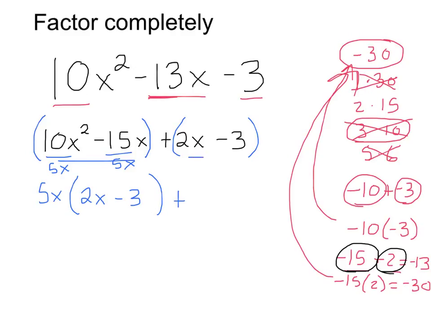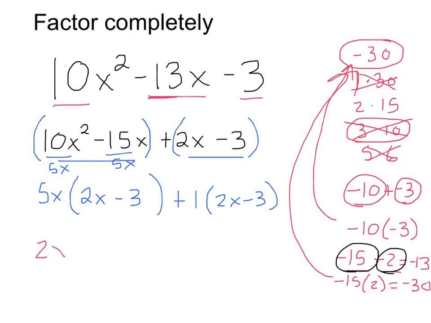Plus, is there anything that can factor out here? So I'm just going to put 2x minus 3. But what is understood to be in front of it? What's understood to be right here where this blank is? A 1. And now what you should notice is this whole term has a 2x minus 3, and this whole term right here has a 2x minus 3. So I can take them out, can't I?